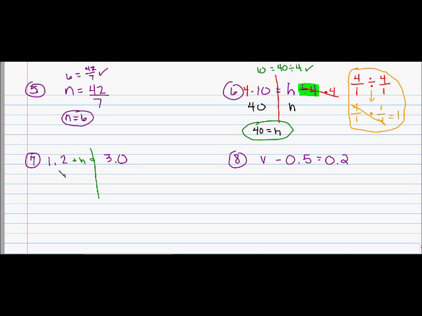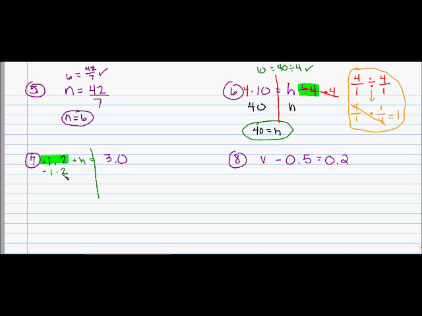Where's my number? It's a 1.2. It doesn't have a sign in front of it, so I assume it's a positive. The opposite of positive 1.2 is a negative 1.2.